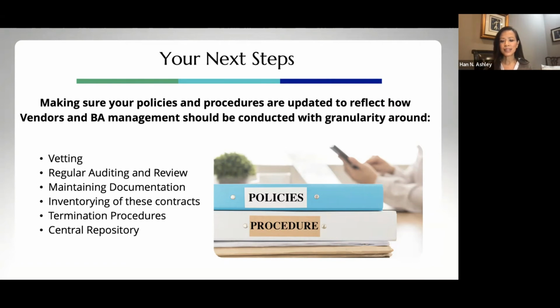We also like to see in the policy and procedure written termination procedures. So when a business associate or vendor contract ends, what happens? Do they just stay on your vendor list? What happens? Is there any documentation? How are they securing and keeping the concurrent safeguards to your information?